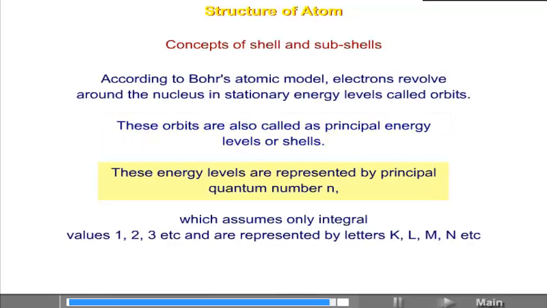These energy levels are represented by the principal quantum number n, which assumes only integral values 1, 2, 3, etc. and are represented by letters K, L, M, N, etc.